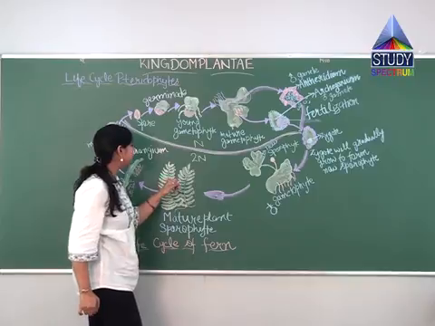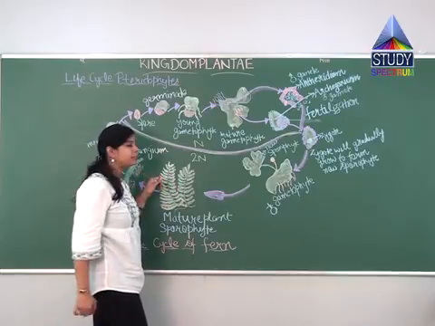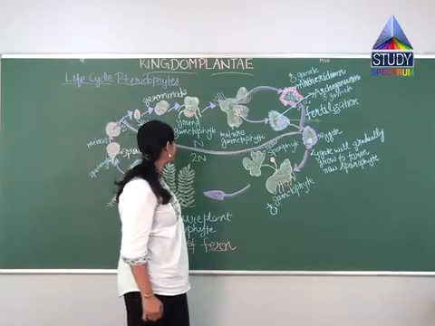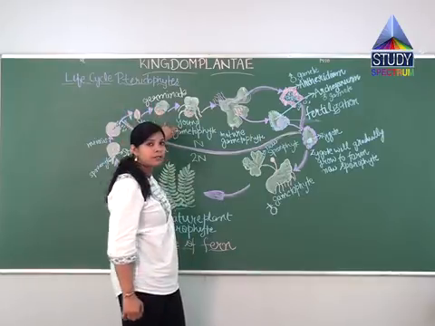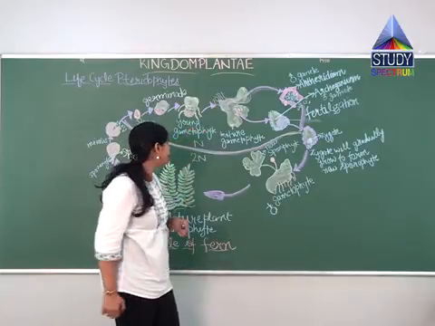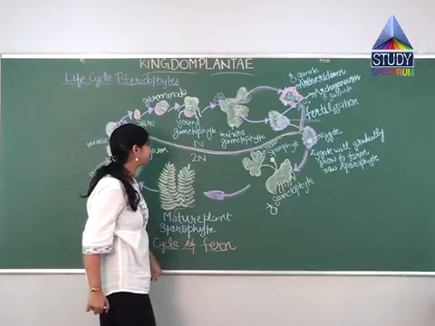So when these spores come out, they will again germinate and form the gametophyte. Here you can see the structure of the young gametophyte.